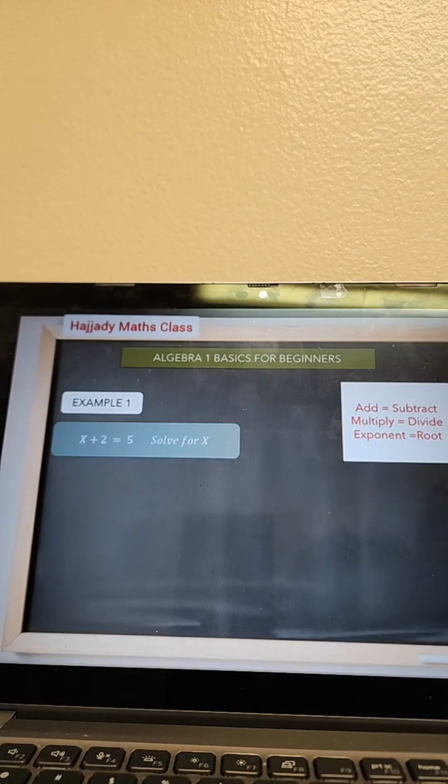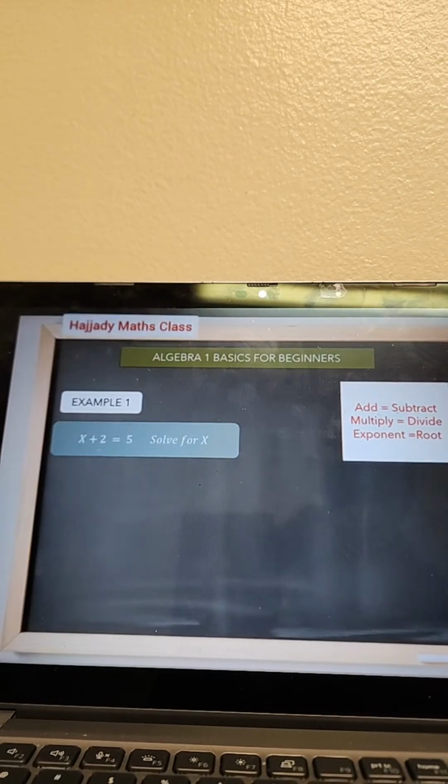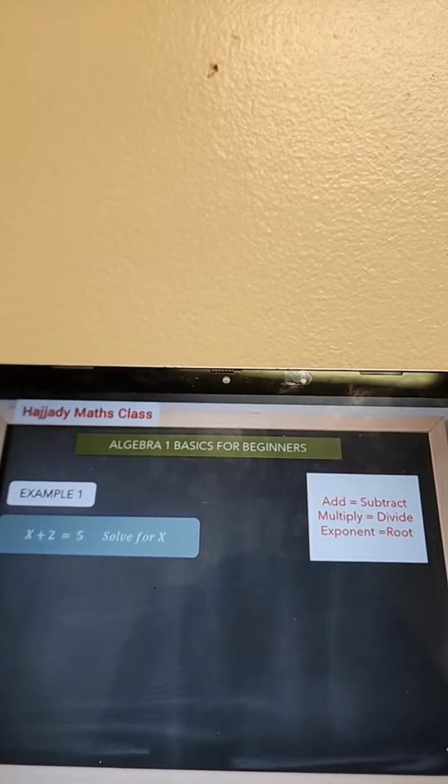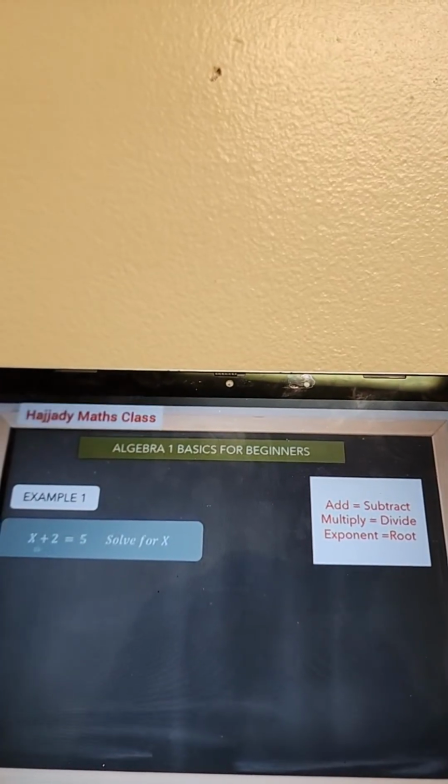Now, if the variable x has an addition sign separating it from the other value, then we need to introduce the inverse, which is subtraction. And if it is multiplication, then we introduce division. And lastly, if we have an exponent, then we can introduce square roots and vice versa.